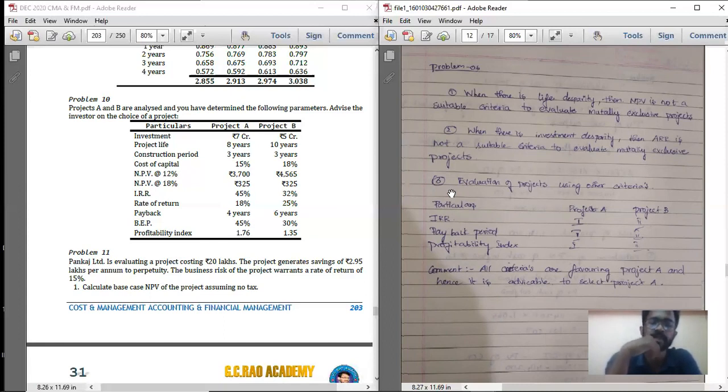When there is life disparity, take down point number 1. Disparity means when there is a difference in period of life. When there is life disparity, then NPV is not a suitable criterion to evaluate mutually exclusive projects.